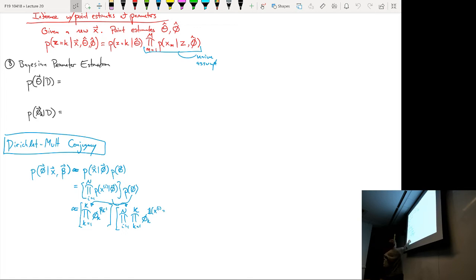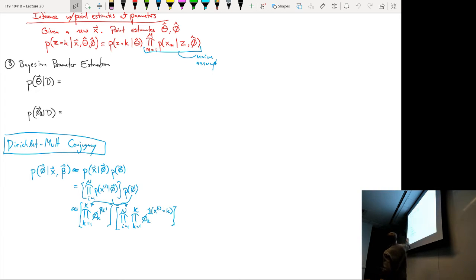So what we're essentially doing is multiplying together all of the phi k's, raising only one of them to the power 1, the one for which xi is equal to k, and all of the other ones to the power 0. So what does this give us?